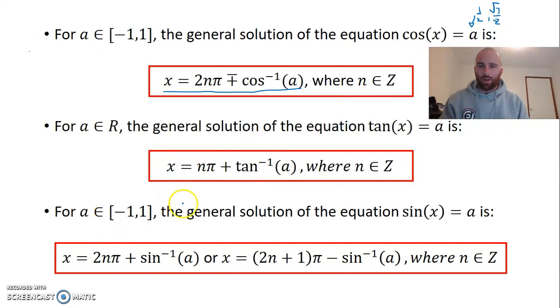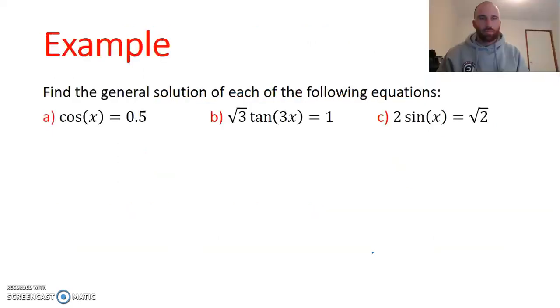The last one is x is equal to 2n pi plus inverse sine of a, or you can use this one, (2n plus 1) pi minus inverse sine of a. Both of them will work. They're identical, depending on what values you're trying to find.